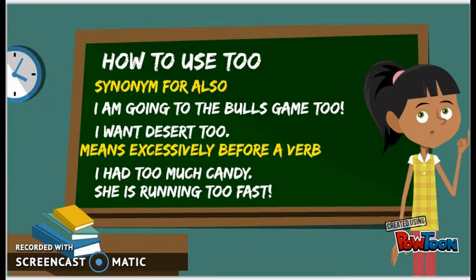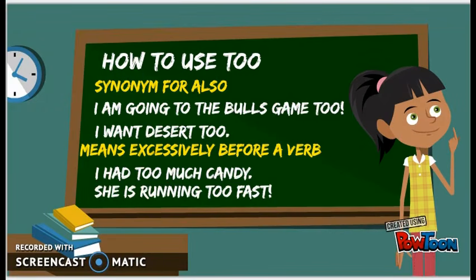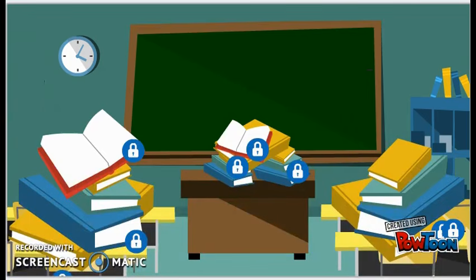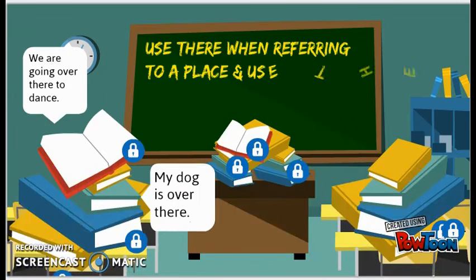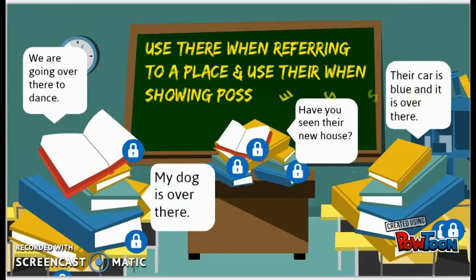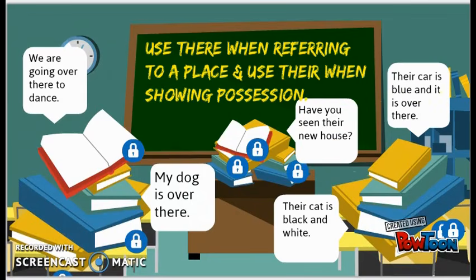So let's move on to the next confusing words, there and their. These can be very confusing, but you will be able to figure it out after this part of the lesson. For example, when using the word THERE, it is referring to a place.